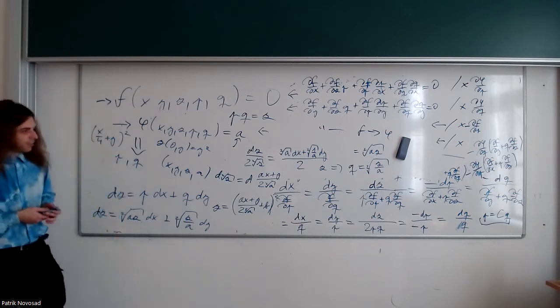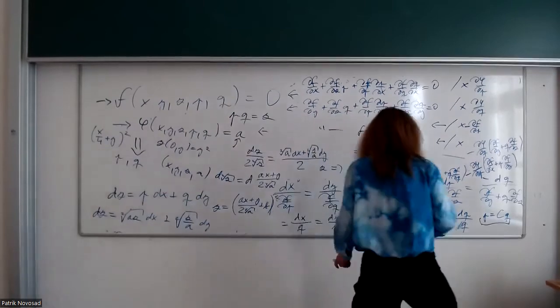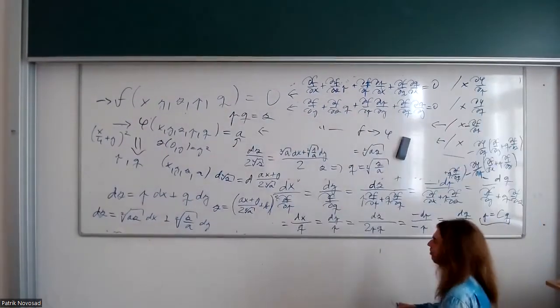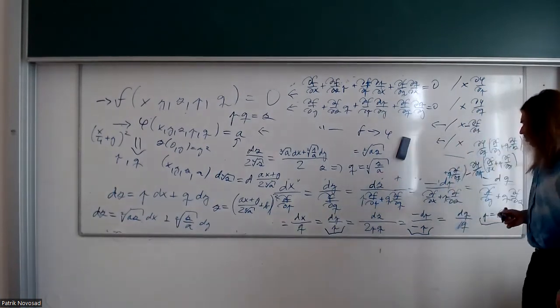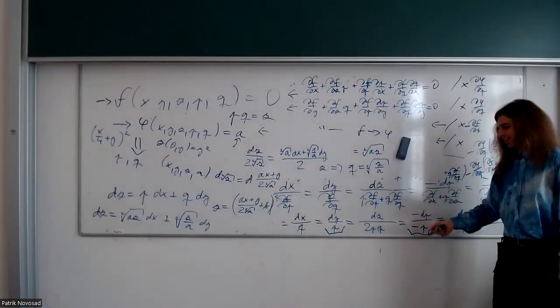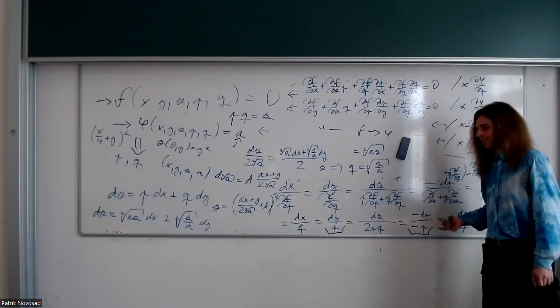But of course, I could do another thing. Let's say I could add these two equations together, and the p would cancel, and I would get dy equals dt.